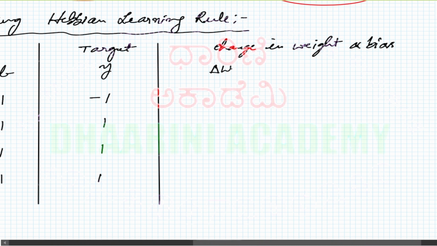Two inputs are there, so delta W1, delta W2, and delta B corresponding to the bias.